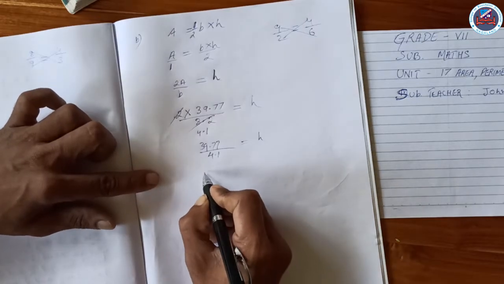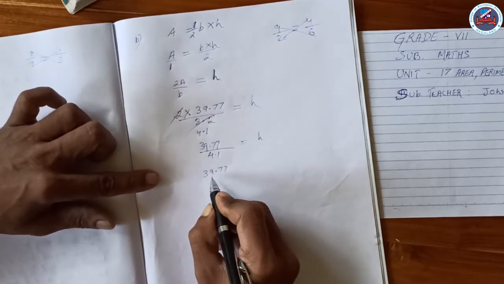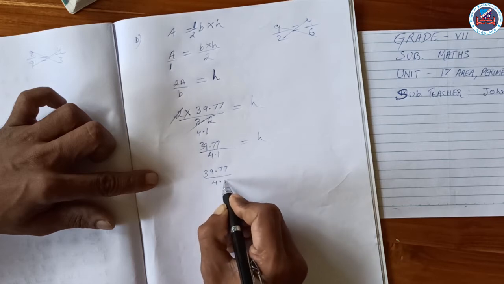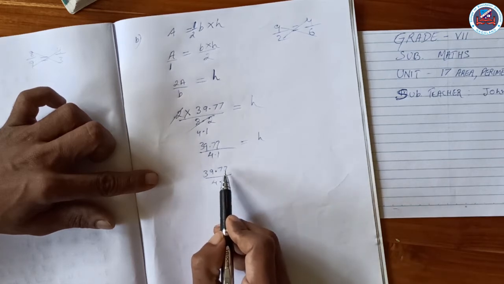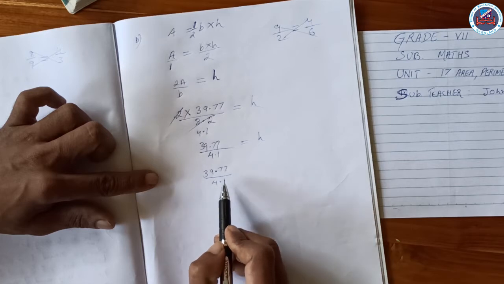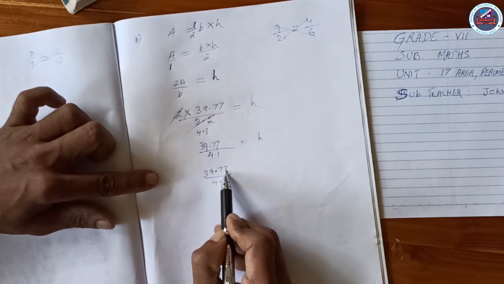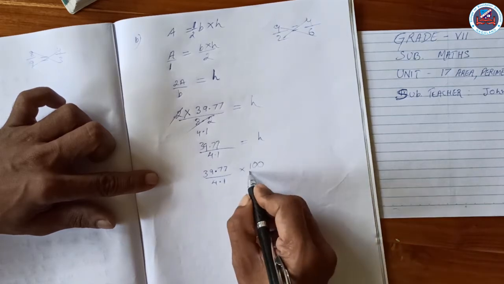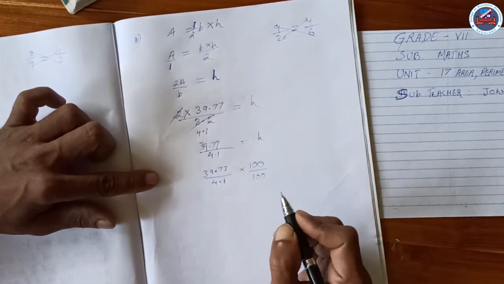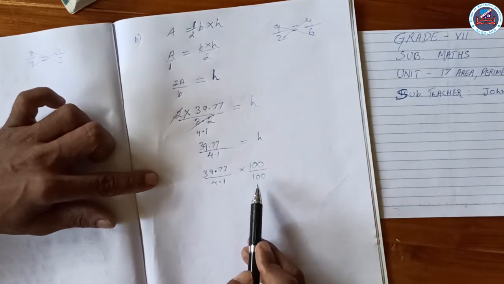How will you remove? 39.77 by 4.1. After the point, how many digits are there? 1, 2. Take the highest one. Here only 1 digit. But here after the point we have 1, 2. 2 digits means put 2 zeros. That means 2 zeros means 100. Both sides you have to do. I mean both numerator and denominator. You have to multiply by 100 up and down.